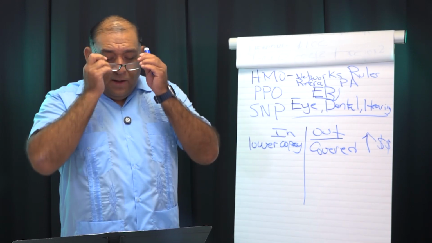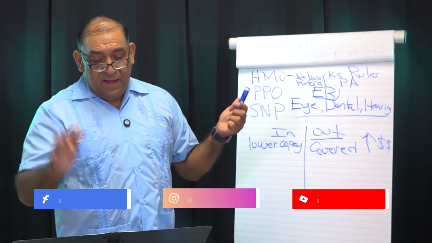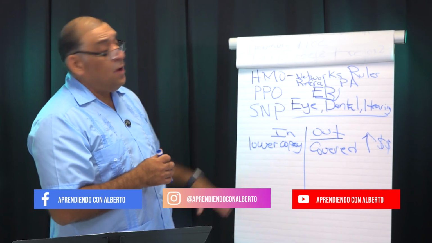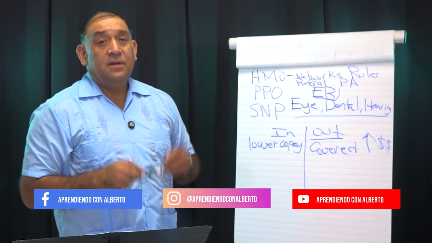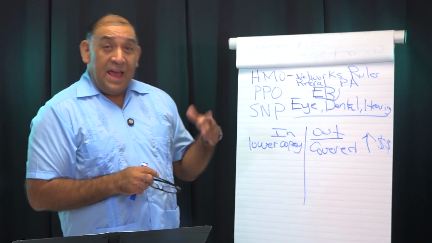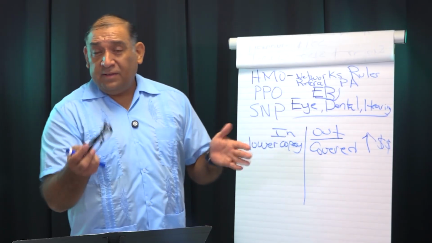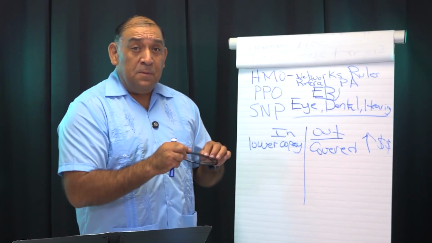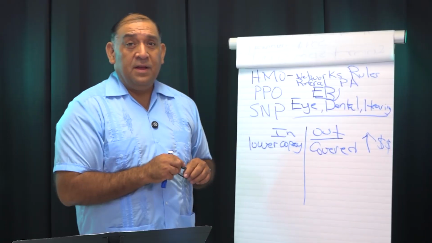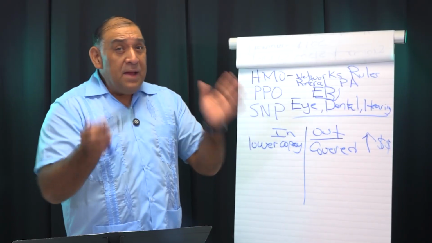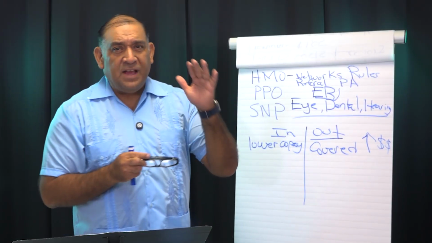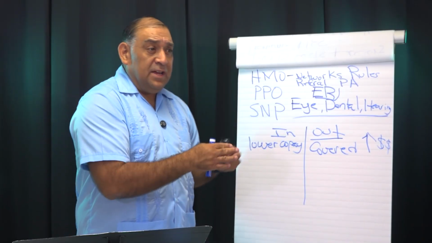All right, now, last but not least, to join and to switch. Remember, every year there's an annual enrollment period between October and December. You can sign up for a new plan and your coverage starts in January. January through March, if you made a mistake or something happened, the doctor says, I'm not going to take the plan, and you didn't change, well then guess what?